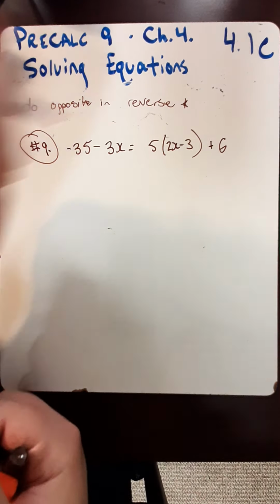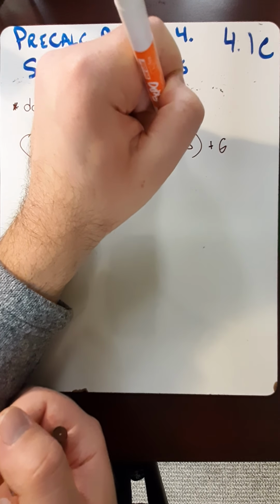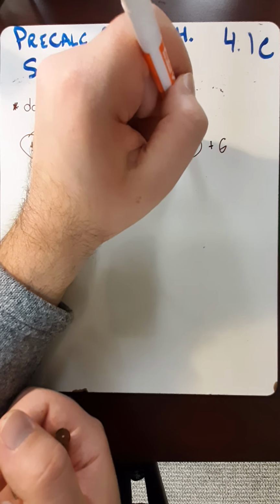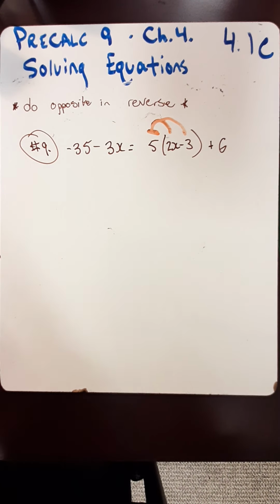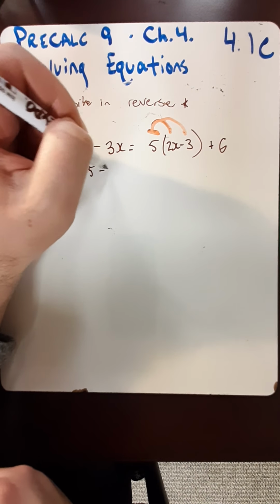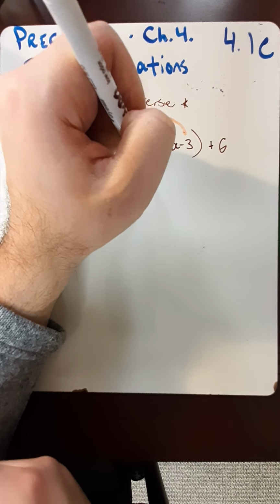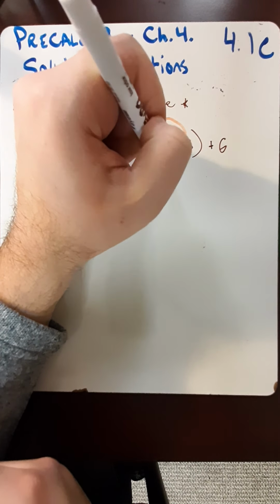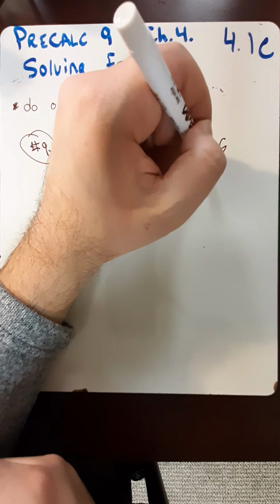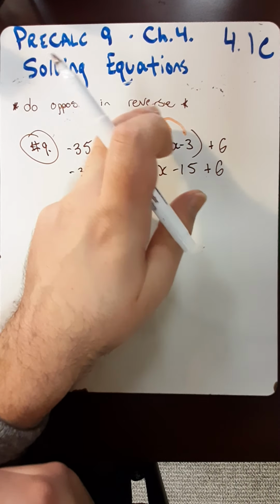We could interpret this as, you've probably seen questions like this before, 5 times 2x and 5 times minus 3. So 5 times 2x will be 10x, and then 5 times minus 3 would be minus 15, plus 6. Okay, so we've got rid of the brackets by multiplying through like that.